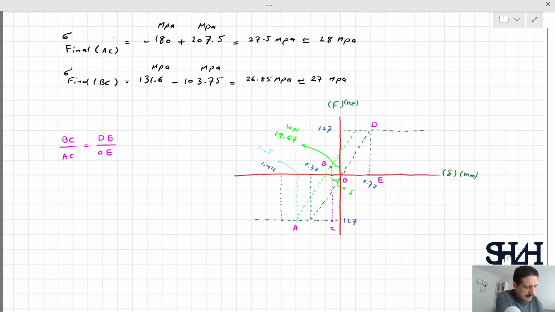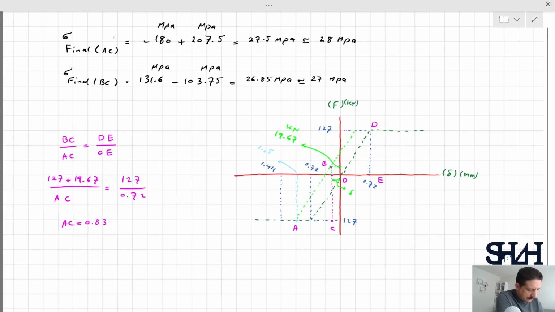We know BC is 127 plus 19.67 kilonewton divided by AC equals DE, which is 127 divided by 0.72. As a result, AC will be 127 plus 19.67 times 0.72 divided by 127. So 0.83.